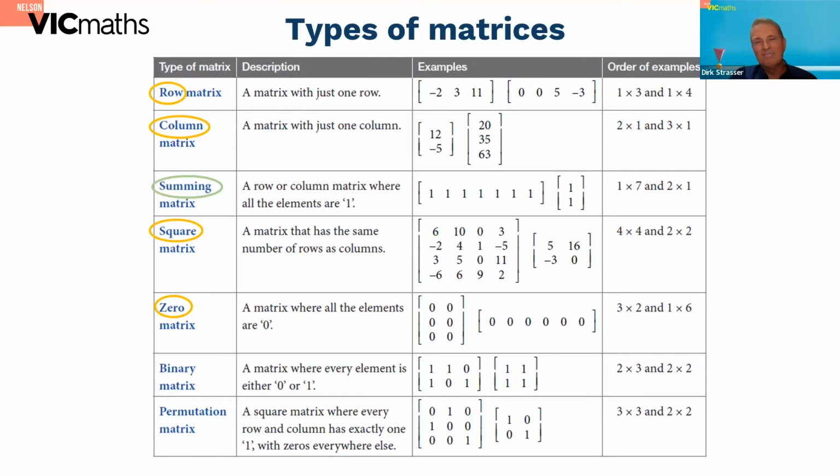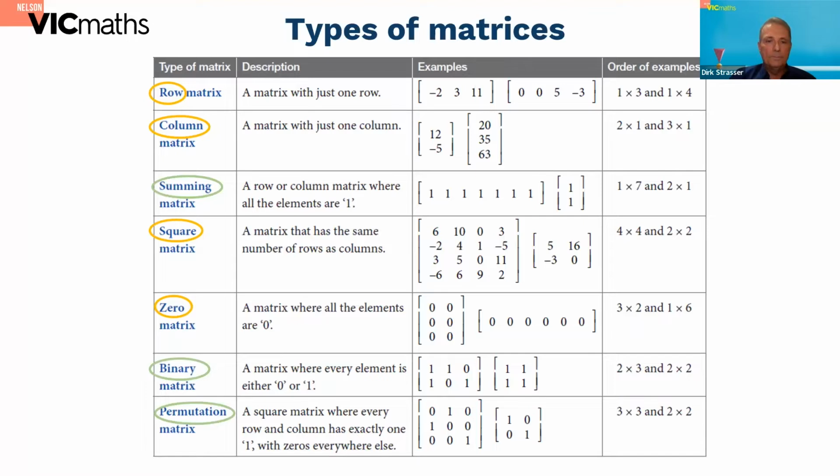Summing matrix, it's probably not obvious from the name that it's a row or column matrix where the elements are 1. Binary, yep, either a 0 or 1. Permutation, probably not obvious from the name what that is, but it's where every row and column has exactly one number 1 in it, so zeros everywhere else.